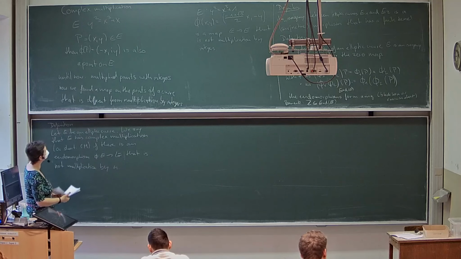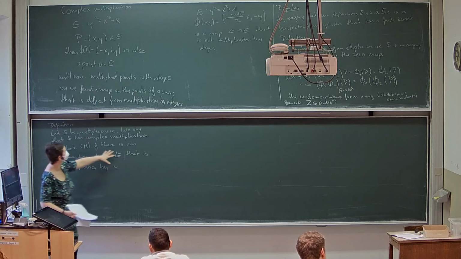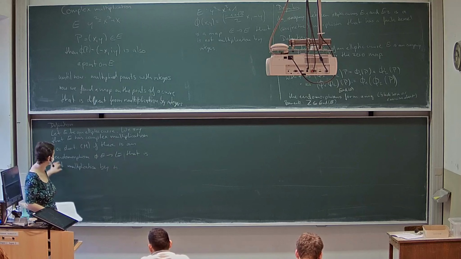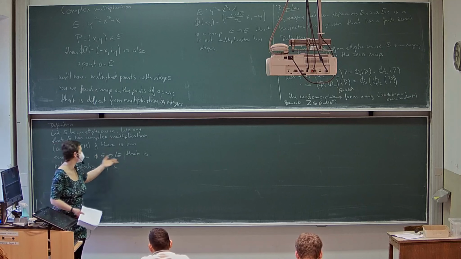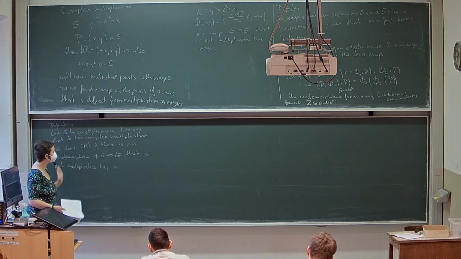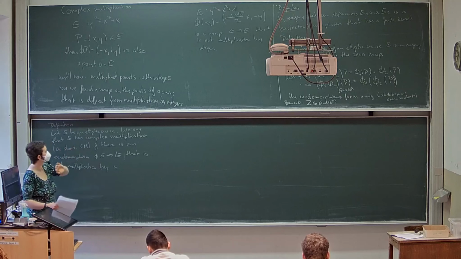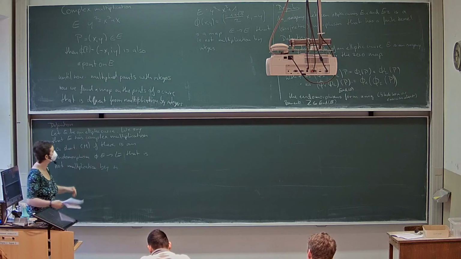We say that an elliptic curve has complex multiplication if there is more than just multiplication by integers, so if we have an endomorphism from E to E that is not multiplication by some n. Then we say the curve has complex multiplication, or CM.